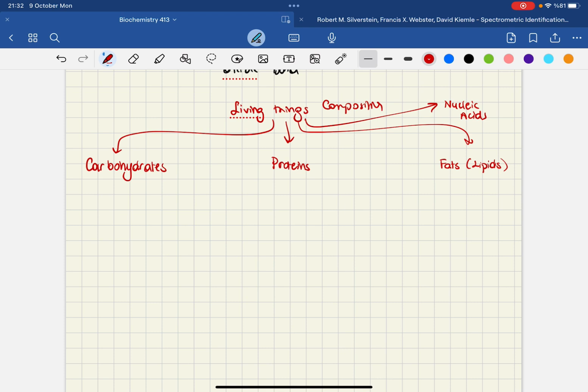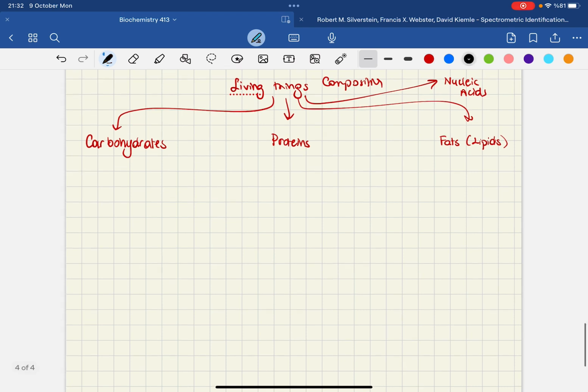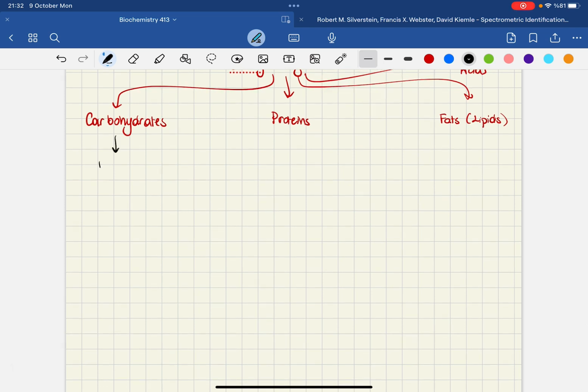Alright, now carbohydrates are actually polysaccharides, right? Polysaccharides come together to form carbohydrates, and polysaccharides are of course composed of monosaccharides.